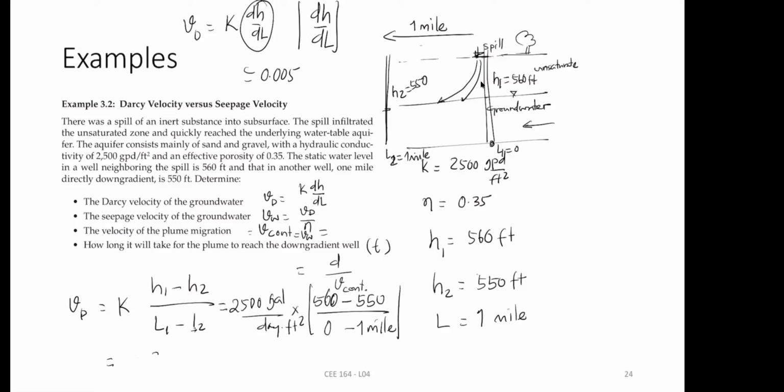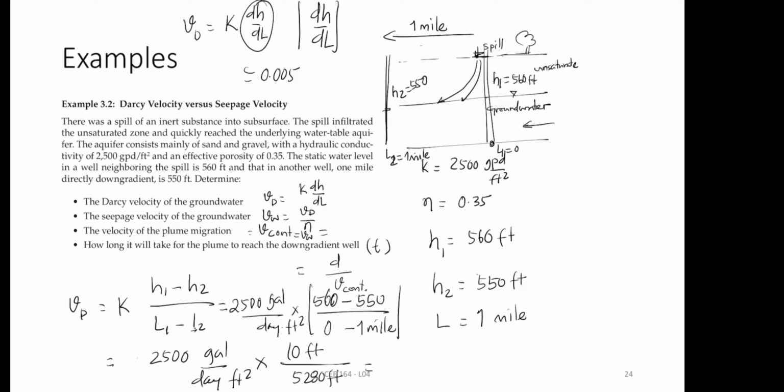That will be 2,500 gallon per day per square foot times 10 feet divided by 1 mile. What is 1 mile in feet? 5,280 feet.